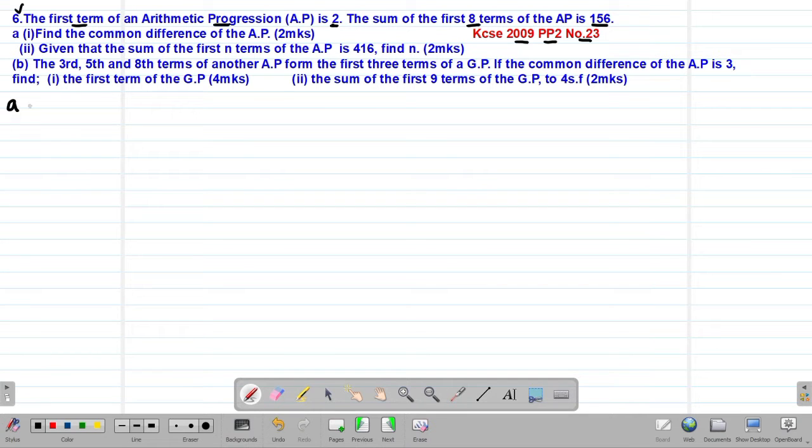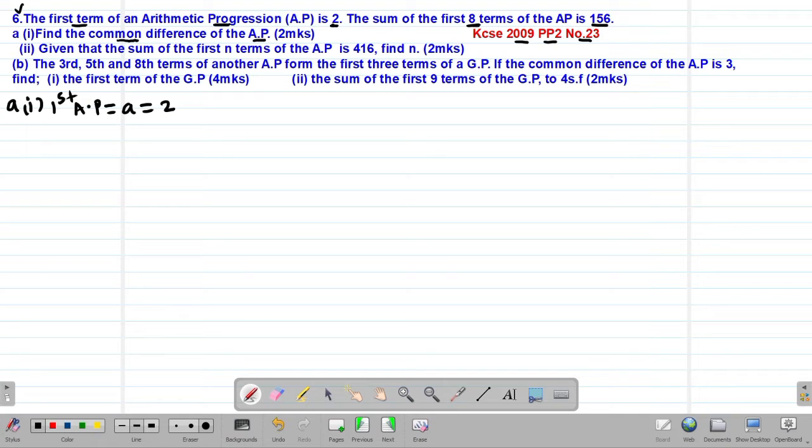So in part A, Roman 1 of the question, we are required to find the common difference of this particular arithmetic progression. We know that the first term of either an AP or a GP is always denoted by small a, which we are given to be positive 2.